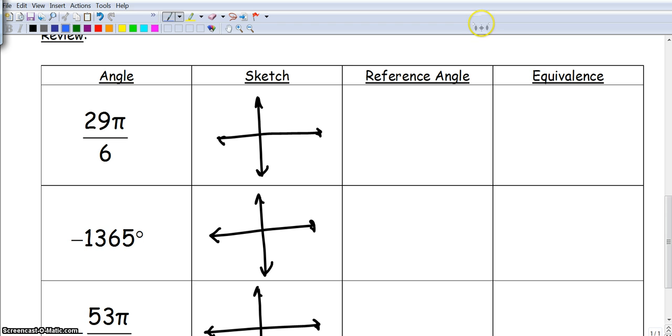First one, we are starting in radians. And to get back to degrees, we need the pi's to cancel. So we'll times by 180 over pi. And your pi's cancel, and you can just multiply straight across. I'll let you type that into your calculator. You should get 870 degrees.